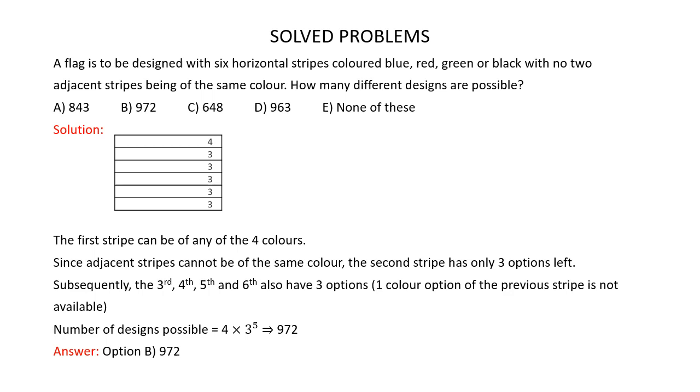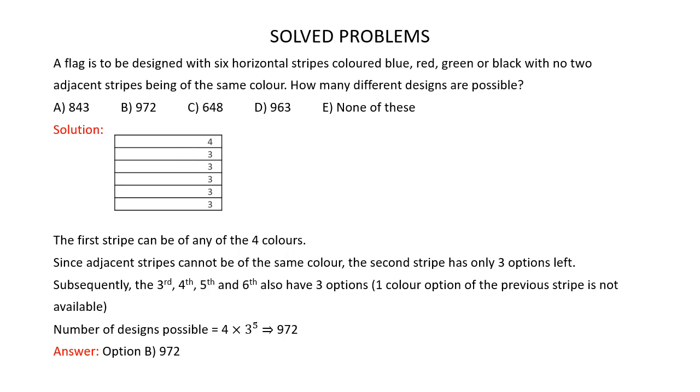Now the first stripe can be of any of the four colors. Now since the adjacent stripes cannot be of the same color, the second stripe cannot be of the same color as the first stripe. So the second stripe has only three colors to choose from.